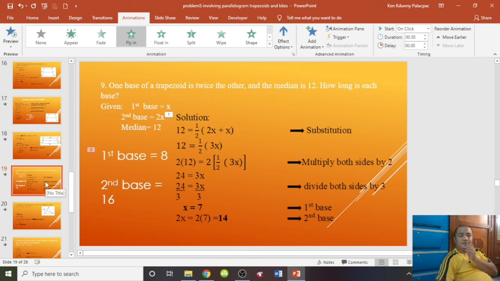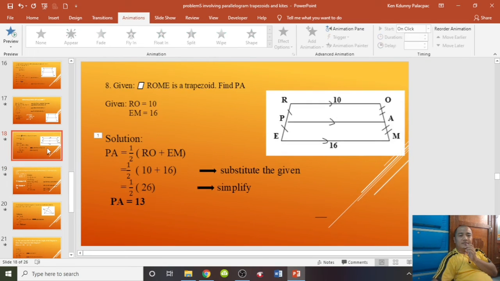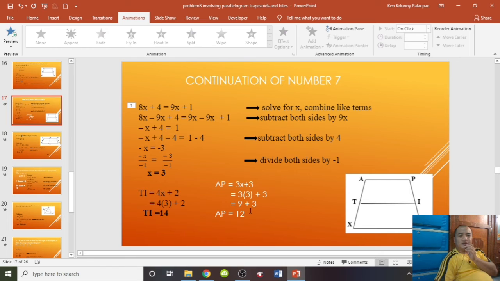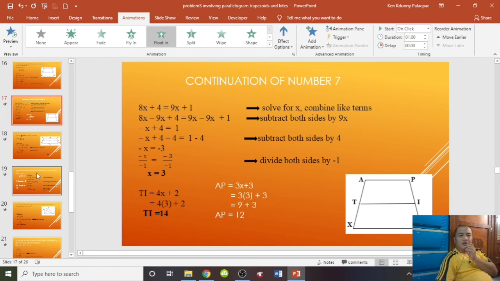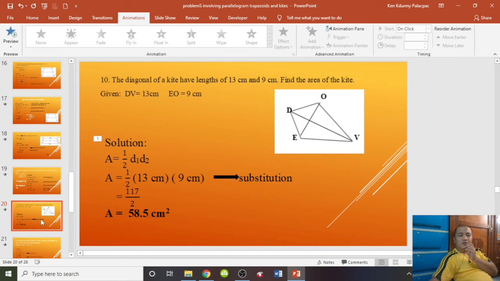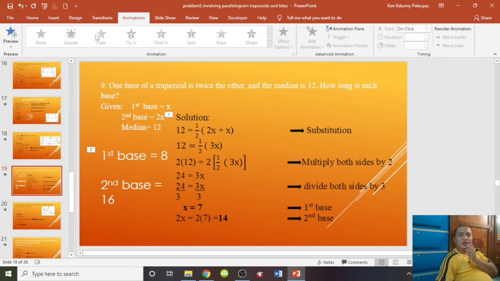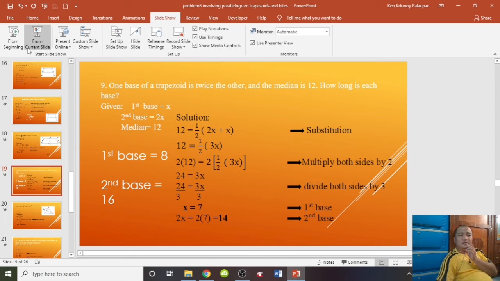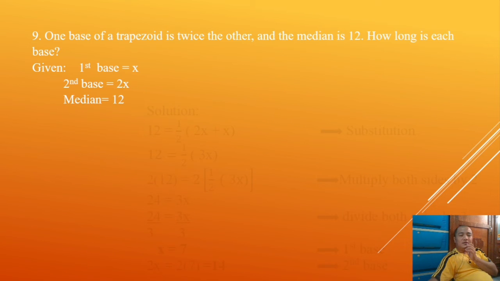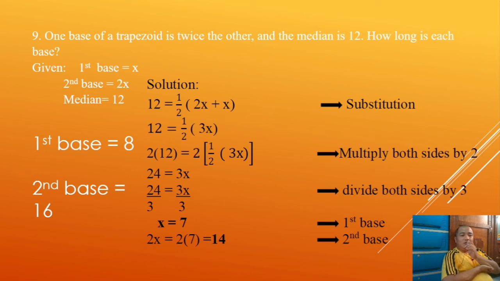Let's continue in this part. Number 9. So the first base is 8 while the second base is 16. We have a typographical error here: 24 divided by 3 is not 7, it's 8. Then twice 8 is 16, not 14.